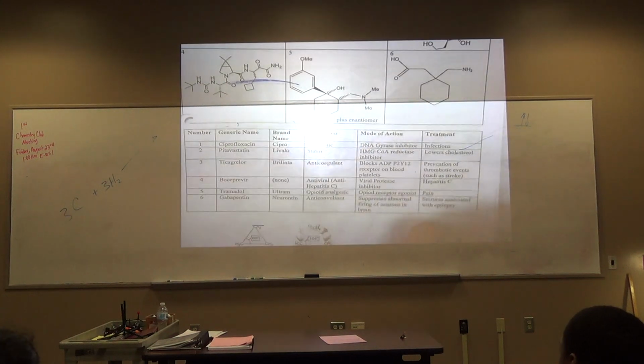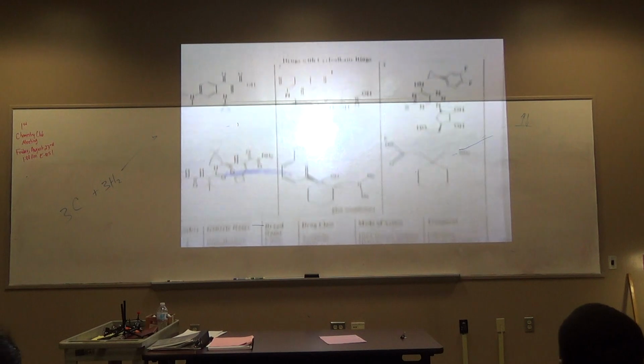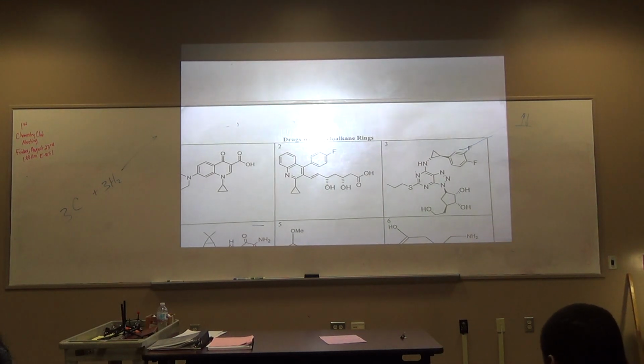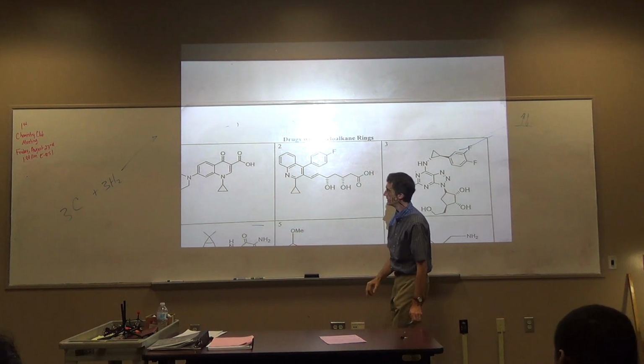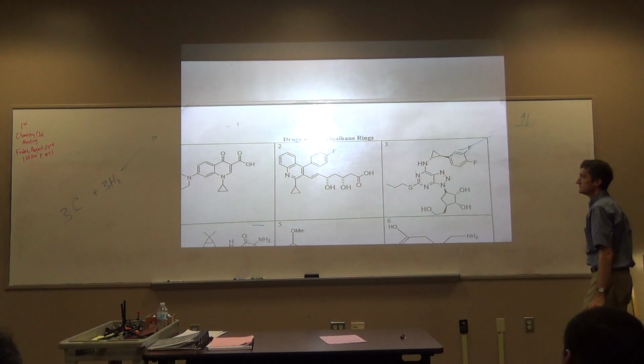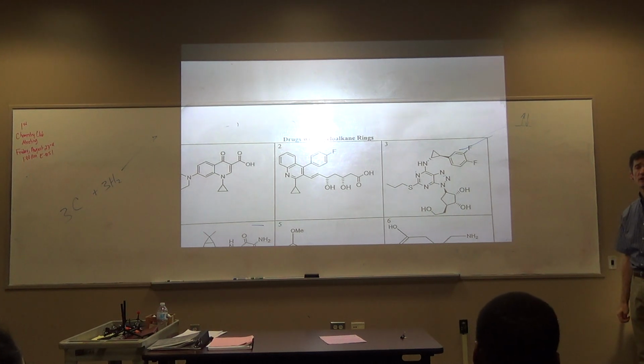Okay, let's look at some drugs with lots of cycloalkane rings. Cyclopropane rings are actually very common in drugs. Even though there's ring strain, it can be made, and it's pretty prevalent.